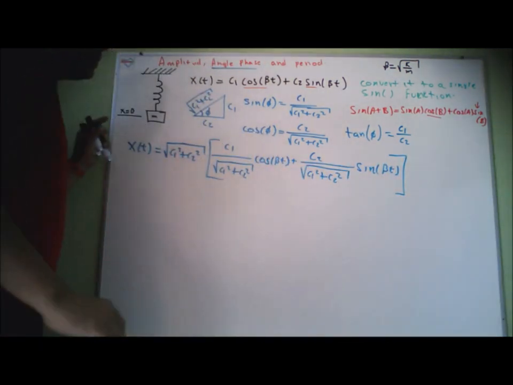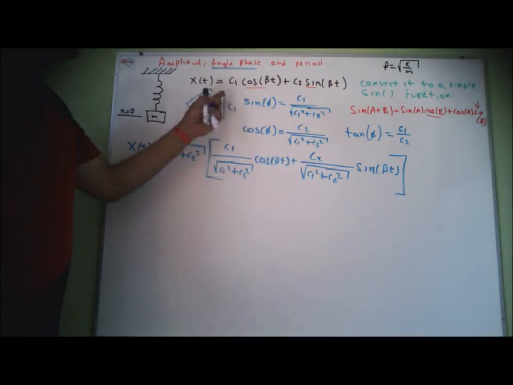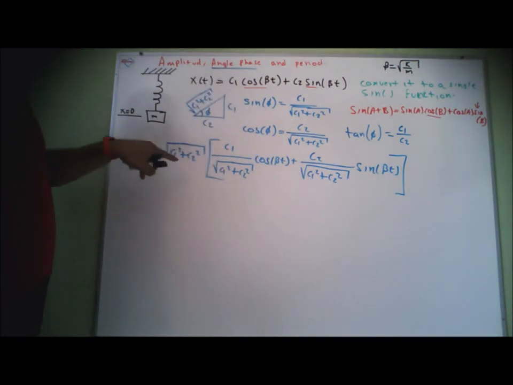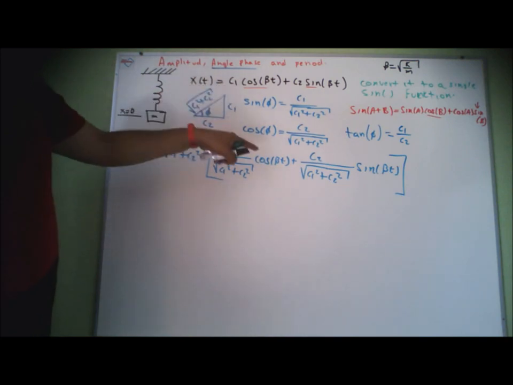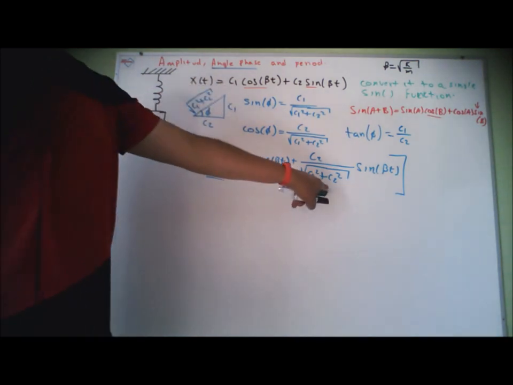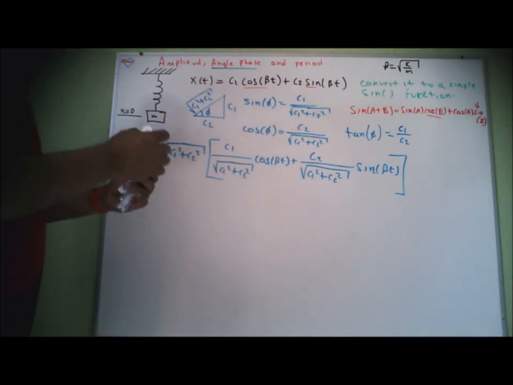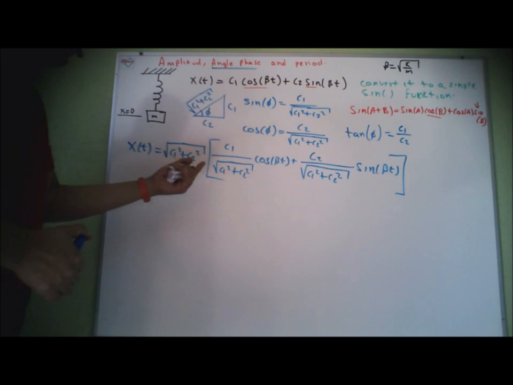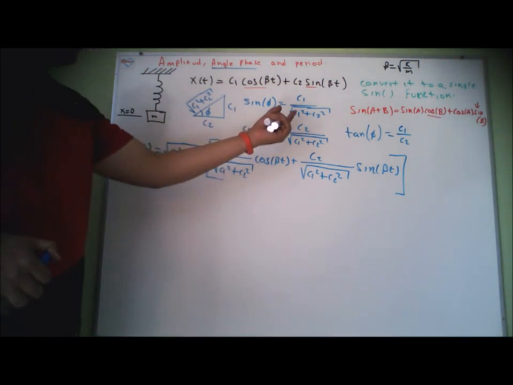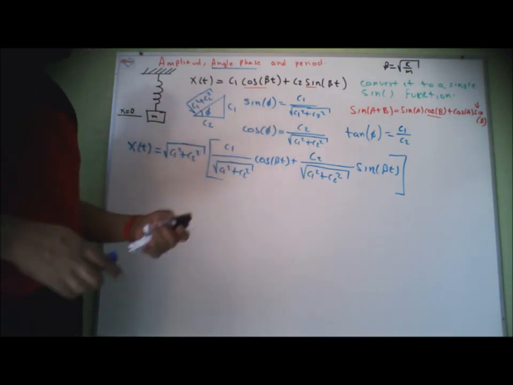As you can see, I haven't modified the solution, because if I make the multiplication these cancel, and you keep the C1 cosine, and the same for C2 sine of beta t. But because of this, now I can replace this one by the sine of phi.